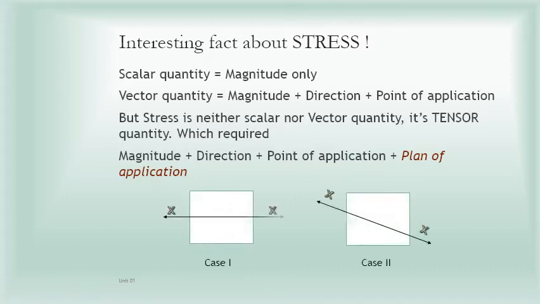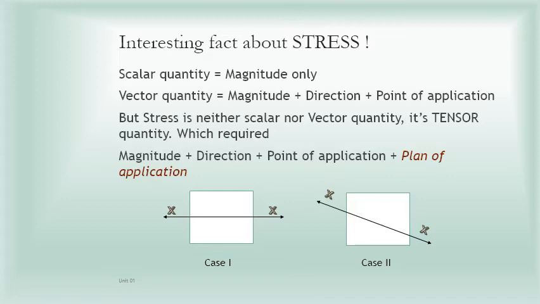Consider case 1 and case 2. In case 1, you can see here in the XX plane we have applied a tensile force. In case 2, we have changed the plane of application. So the cross-sectional area in case 1 differs from case 2, and in the previous slide we formulated that stress is equal to force per unit cross-sectional area.